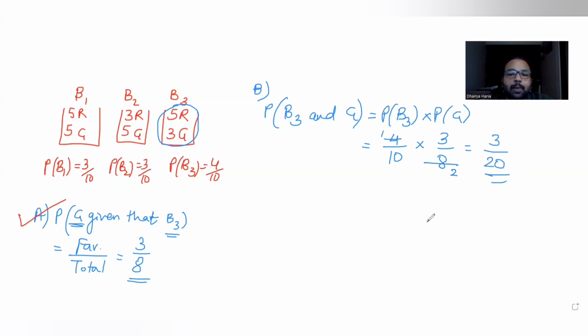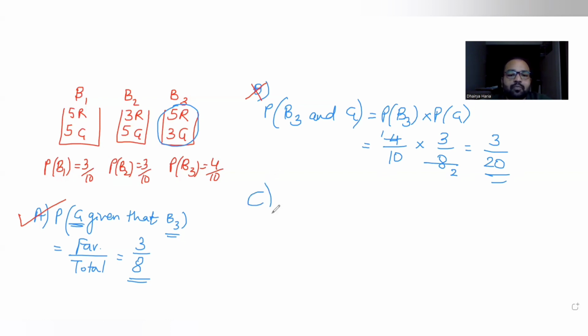So this is the probability for the second option. Let's see the option. It says that the probability equals 3 by 10. Now we already know that this is a wrong answer. It is equal to 3 by 20. So the second option is not correct in this case. So we won't select that option. So this is not the answer for the question which is given to us.